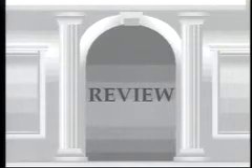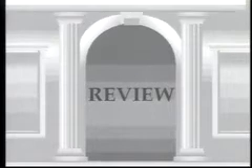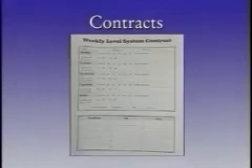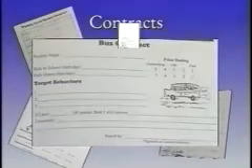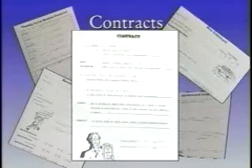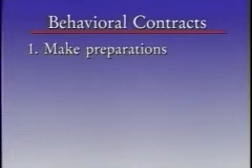Let's review. There are a myriad of options when it comes to designing an effective contract. You can use them to address academic or behavior problems, with students of all ages. First, make preparations.